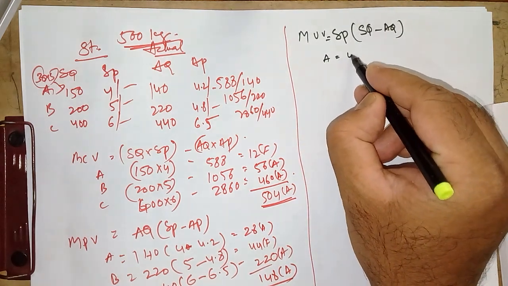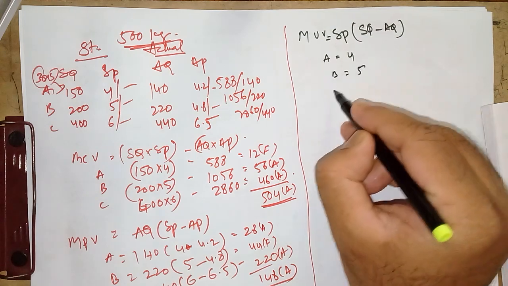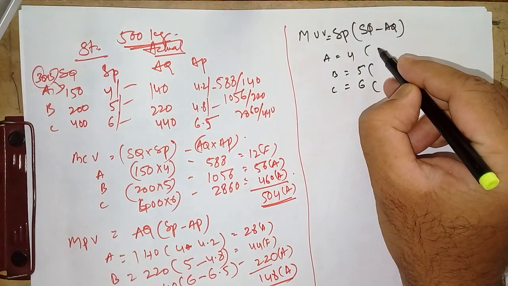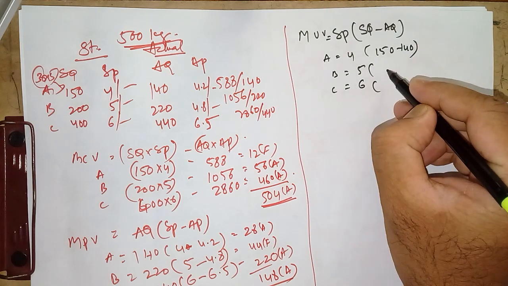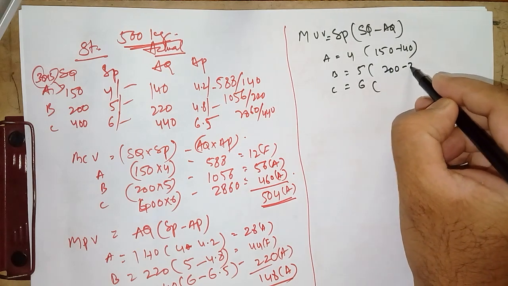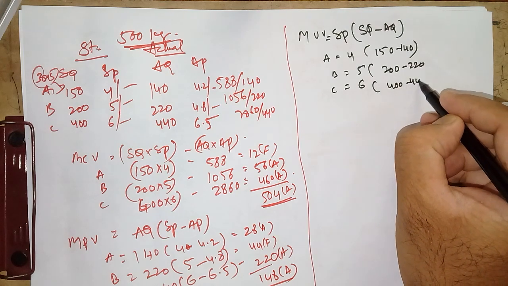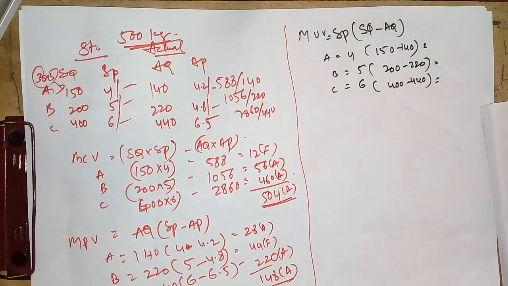What is the standard price? A is 4, B is 5 and C is 6, multiplied with SQ minus AQ: standard quantity 150 minus 140, 200 minus 220, 400 minus 440. Simplify the equation and you'll get the answers.